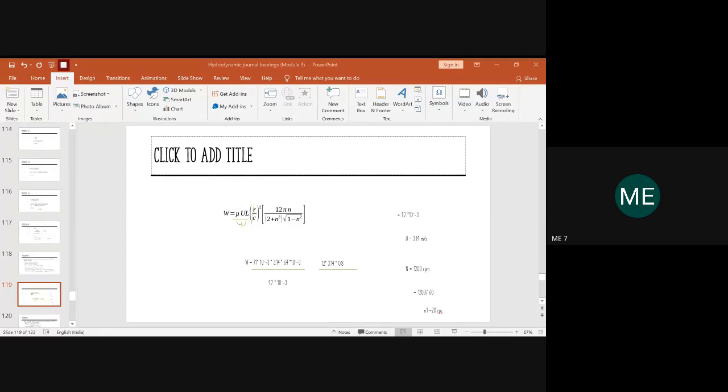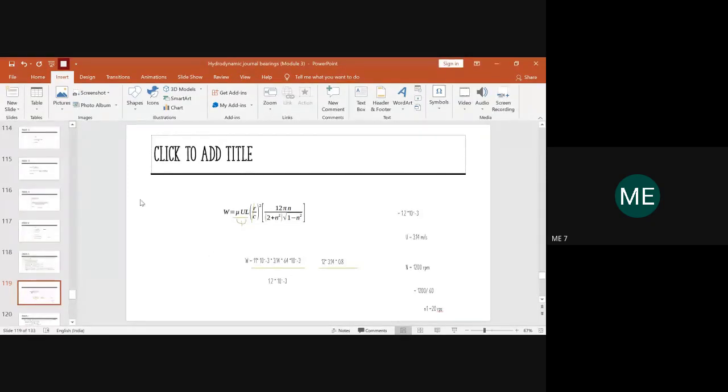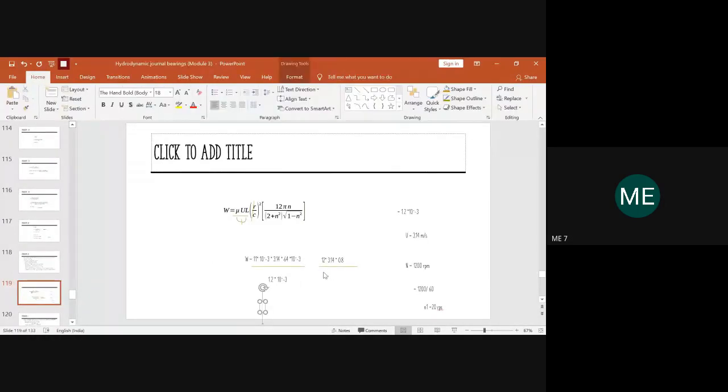Are you getting nearly 29242 newtons? Kindly do let me know. The full equation I haven't substituted here.